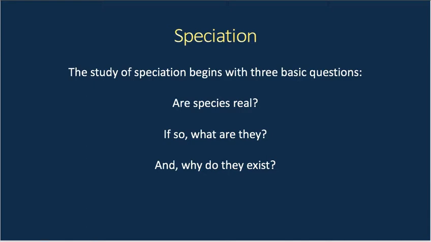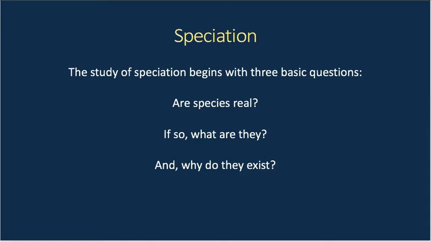So the study of speciation begins with three basic questions. First, are species real? This might seem like kind of a strange question, but basically what we're asking here is whether species exist in nature as a biological entity, whether there are actual categories of animals that exist objectively in nature outside of the human experience, or if they're just something that humans have designated as a way of making our environment easier to understand, a way of categorizing our environment and making things nice and neat and orderly.